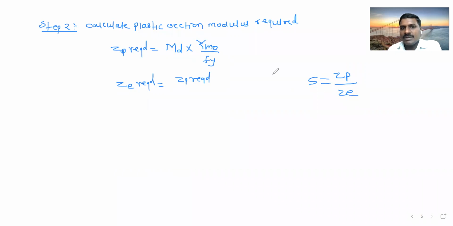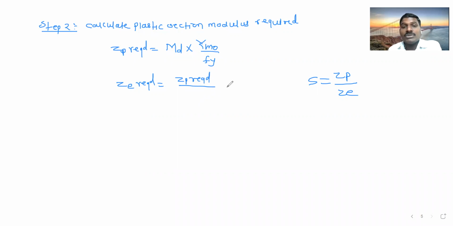Yes, sir. So we calculated ZP. Here, see, ZP required we have calculated. Now we have to calculate ZE. So what is required now? Divided by what? Not safety factor, shape factor.